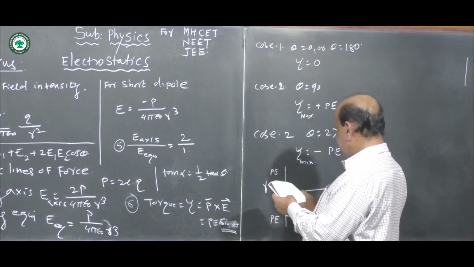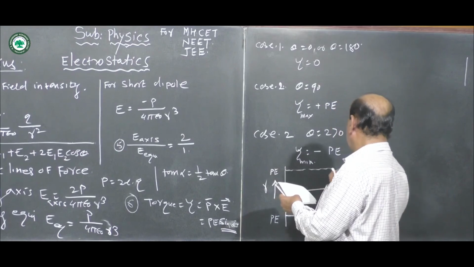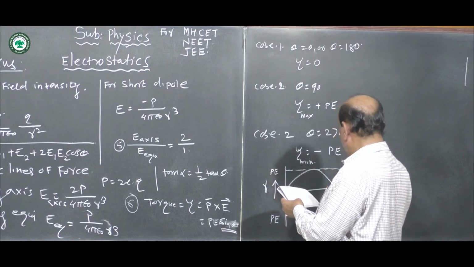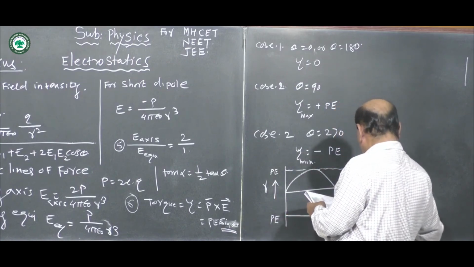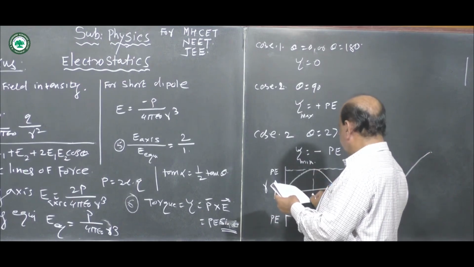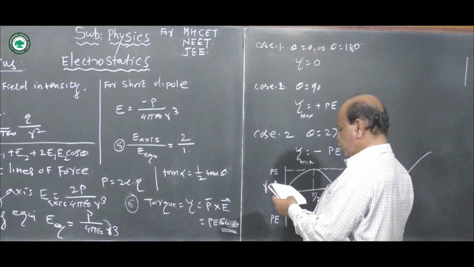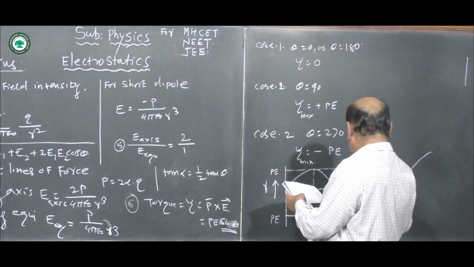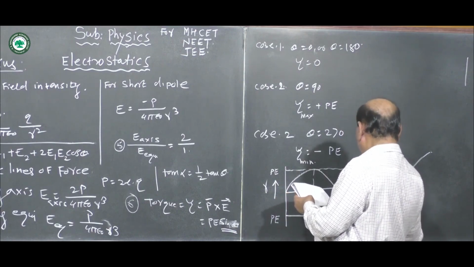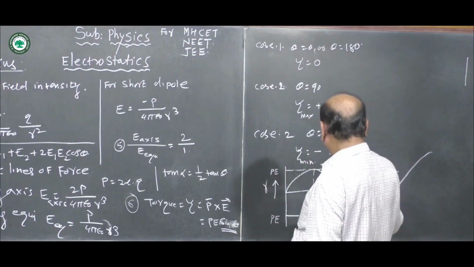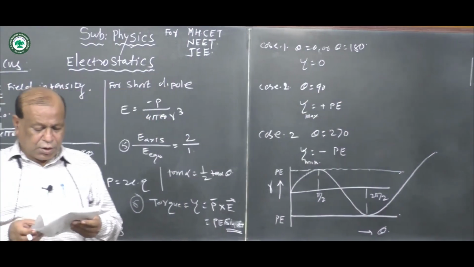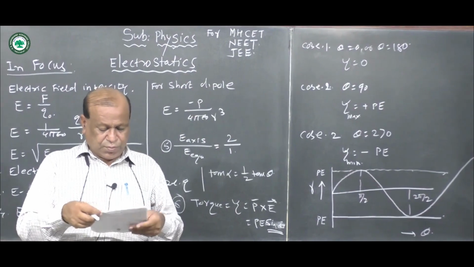Then the graph comes to be like this for these cases. Here is the value of pi by 2, and here 2 pi by 2. Here are the maximum and minimum values of torque produced by this.